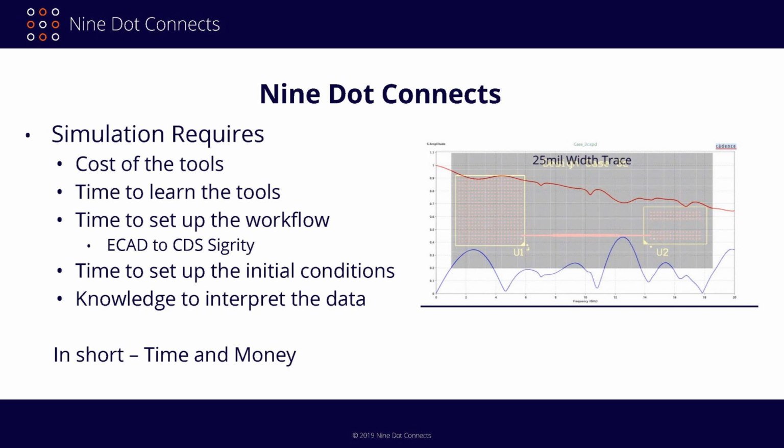And then there's also time to set up the initial conditions, which is what Tom talked about initially. And lastly, it's important to know how to interpret the data. In fact, he had to continue to look at data, as you saw towards the end, in order to determine if what he was seeing was real. So in short, there's a lot of time and money involved in this if you're going to go this route of simulation.